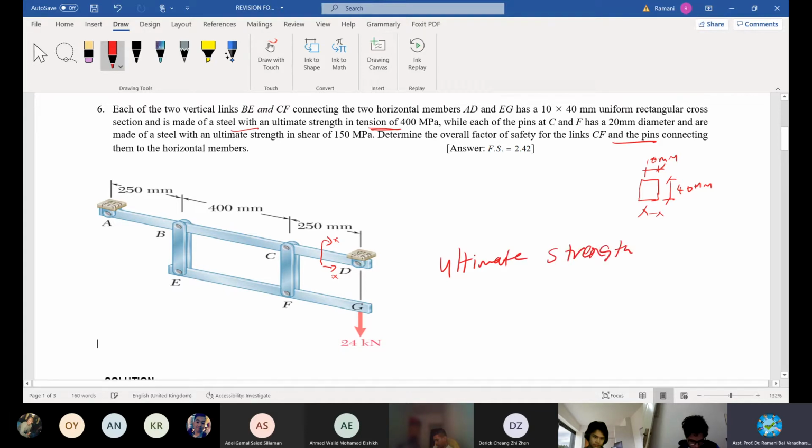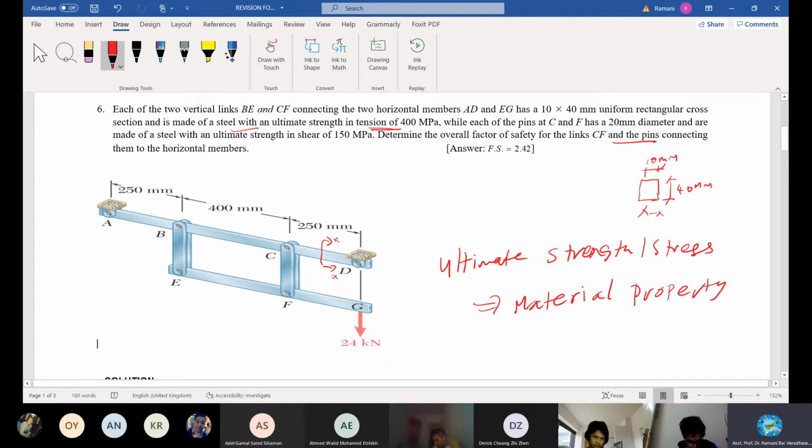Both units are same. Stress is referring to the material property, how much load it can bear. What is the allowable? What is the maximum strength that it can bear?